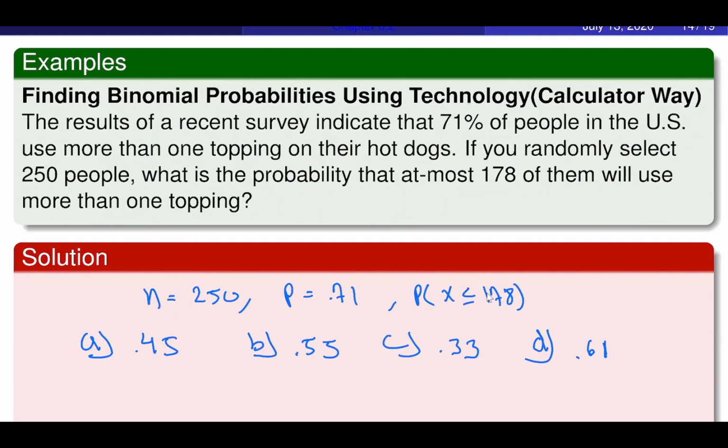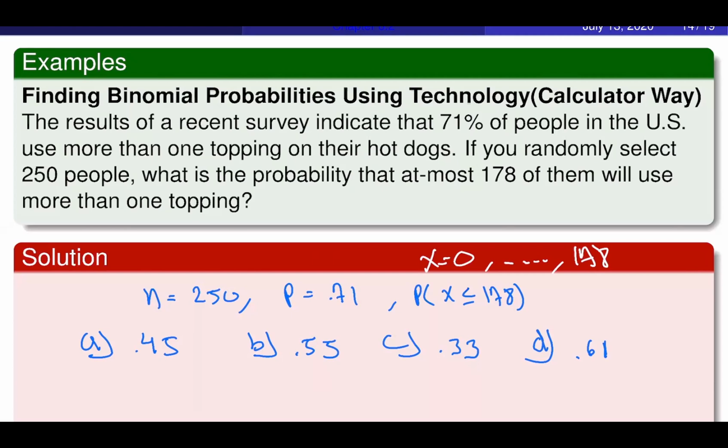At most 178 means that X is 0 all the way to 178. So we have to go X is 0 all the way to 178.